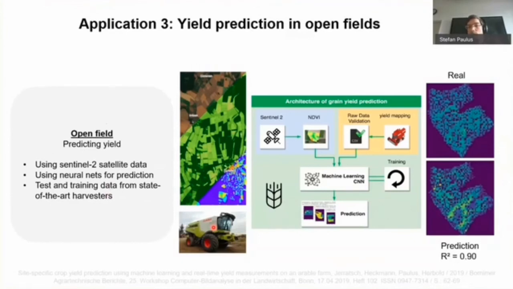And then we tried to model a neural net that was able, just by using the NDVI data from the satellite, to predict the yield of the field. And we are very good in this. And this is the highest, let's say, roughest scale we used during my work, the satellite data.